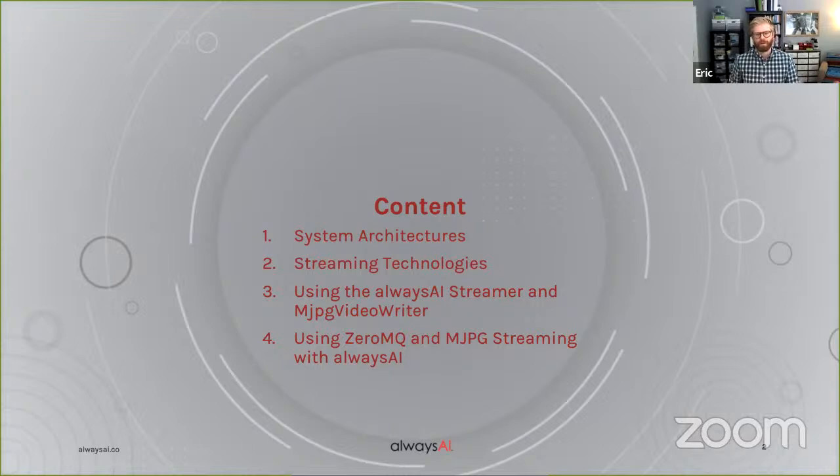And one demo that I'd like to give if we get there is using ZeroMQ, which is a message protocol, and the MJPEG streamer with AlwaysAI to build one of those systems.